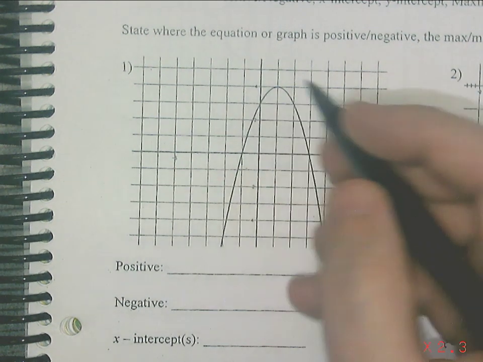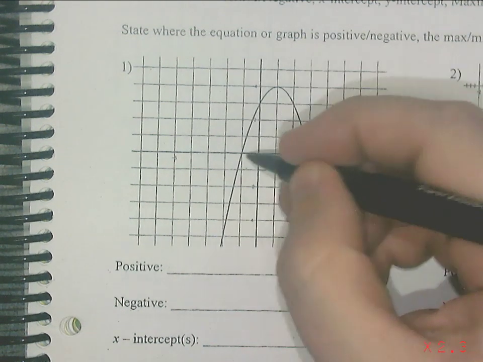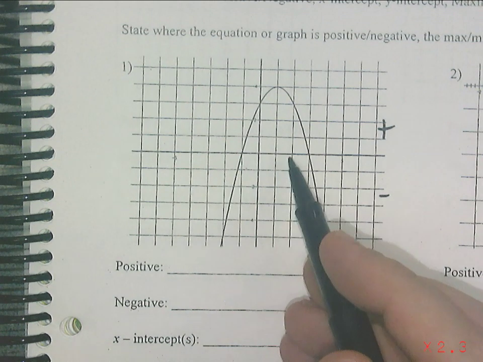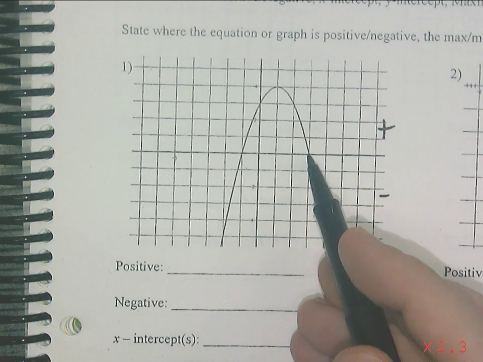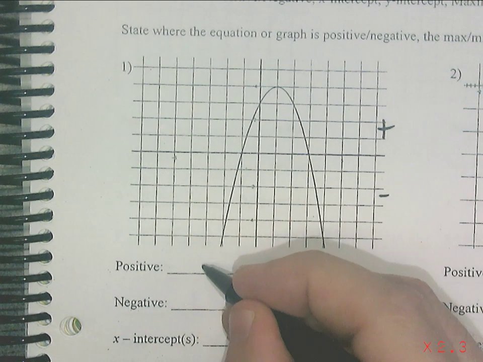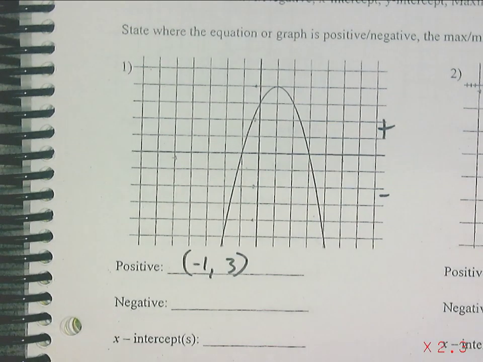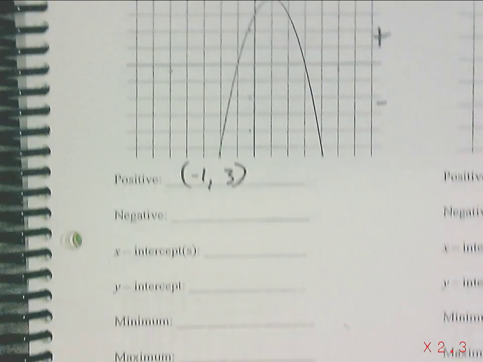So the positive aspects of the graph are right here, right? Starts at -1, and then it ends at +3. So my interval goes from -1 to +3, and that is my positive parts of the graph.